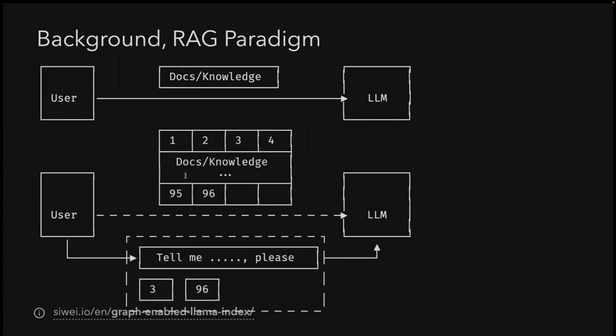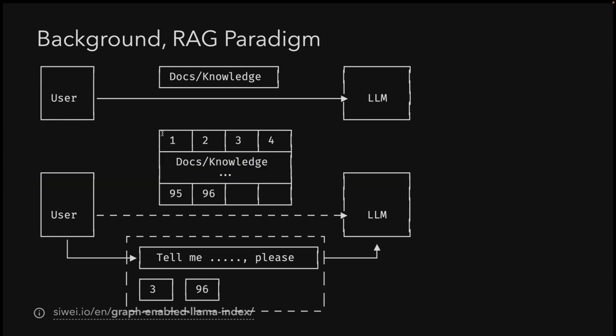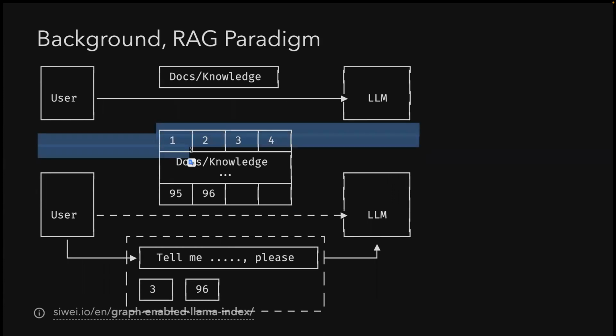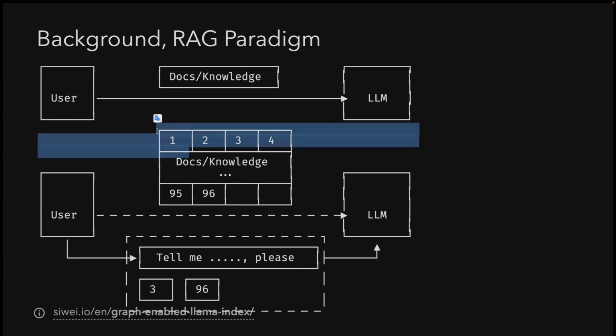The general approach of RAG is to split the data into different chunks, because we cannot send everything to the language model.